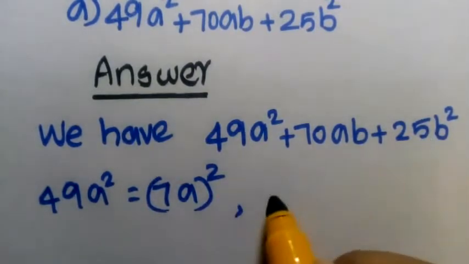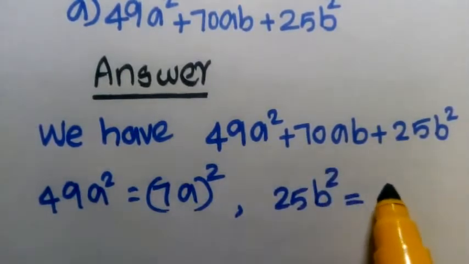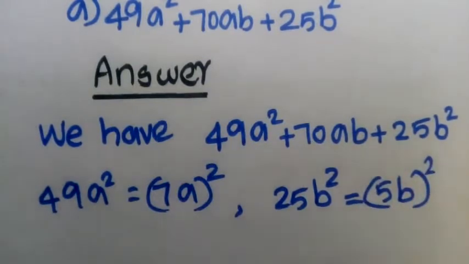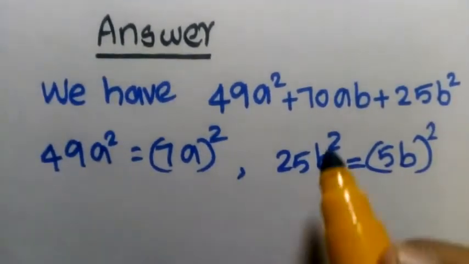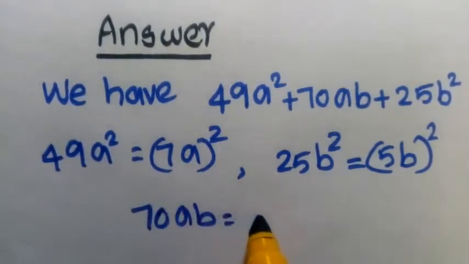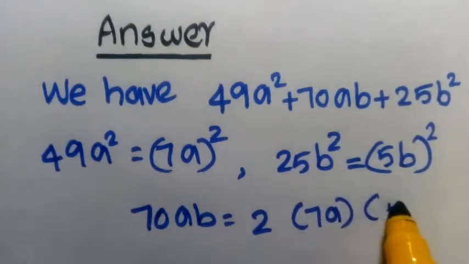Also 25b square is equal to 5b whole square and 70ab is equal to 2 into 7a into 5b.